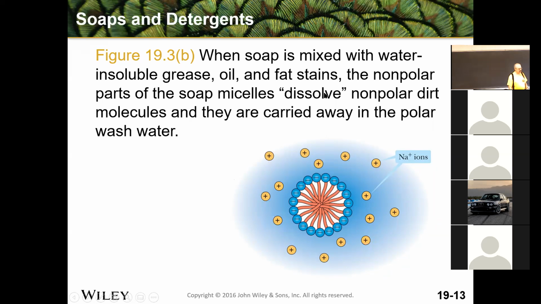The dirt or grease that the soap is being used to dissolve will be buried in the interior. And so this emulsifies the dirt or grease or fat stains and allows you to wash it away.